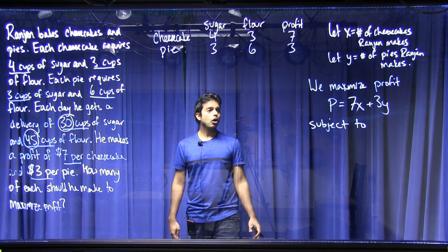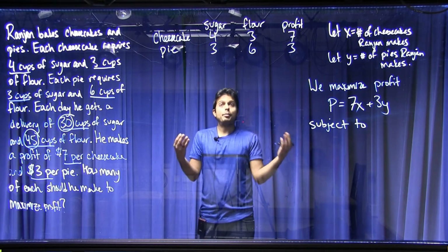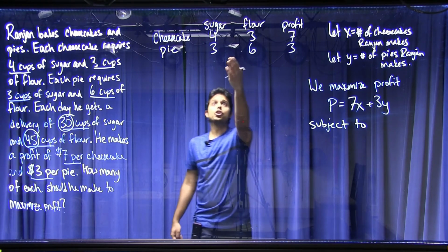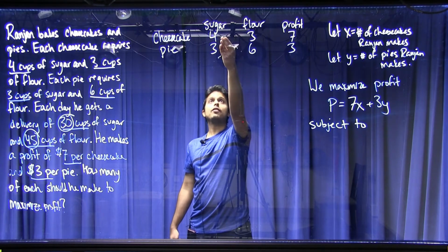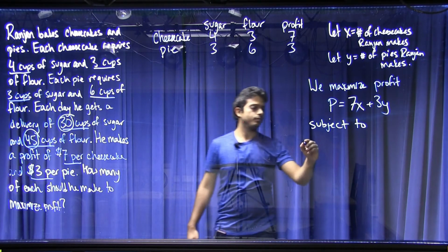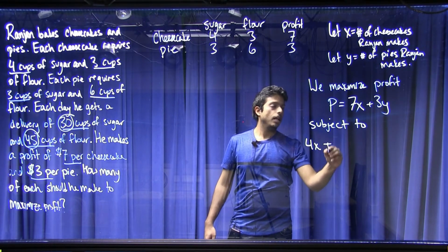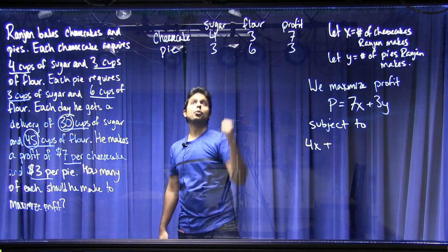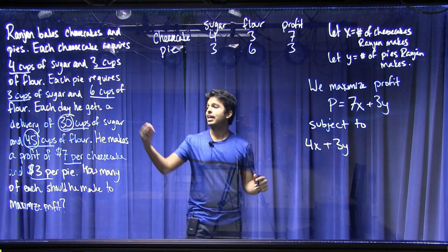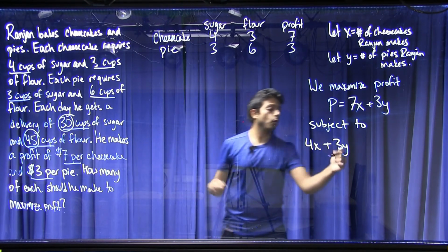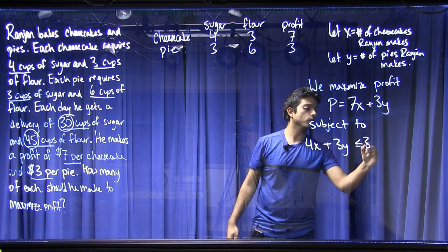We're going to get one constraint from each ingredient. Let's look at the sugar. If I make x cheesecakes, that'll take 4x cups of sugar. If I make y pies, that'll take 3y cups of sugar. And I get 30 cups of sugar per day, so 4x + 3y had better be less than or equal to 30.